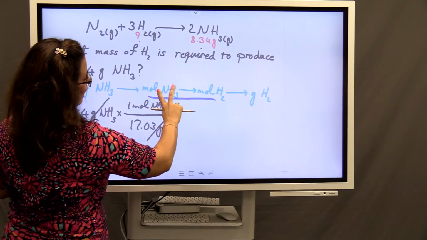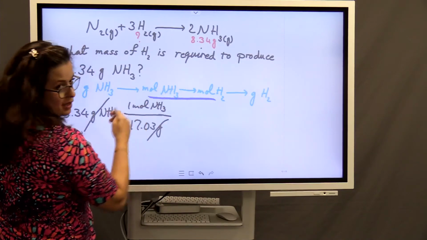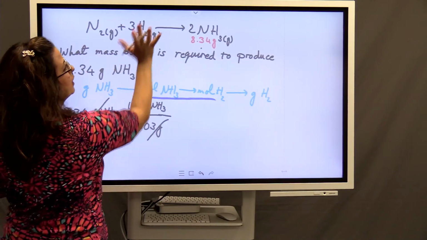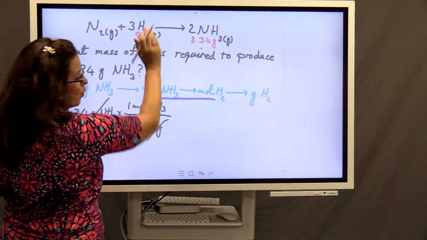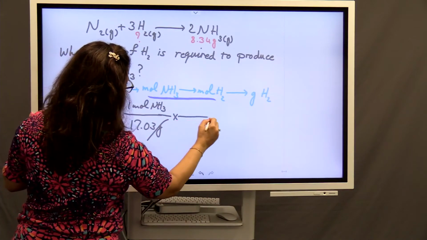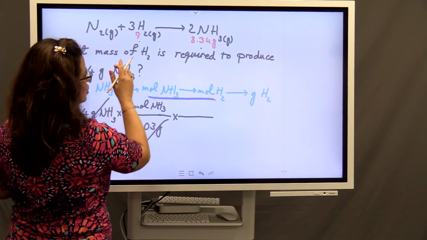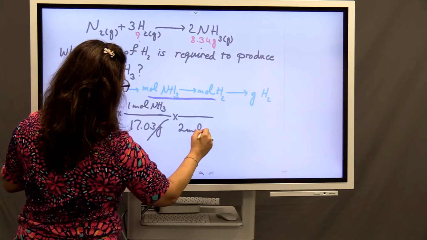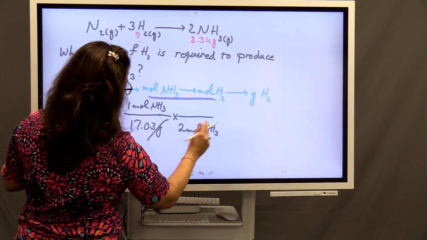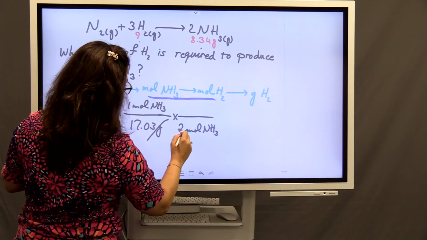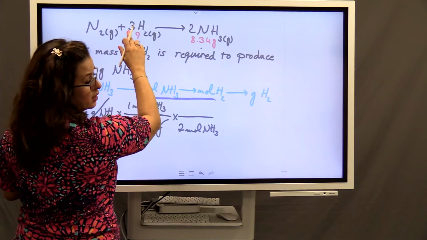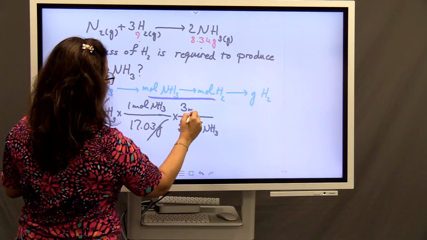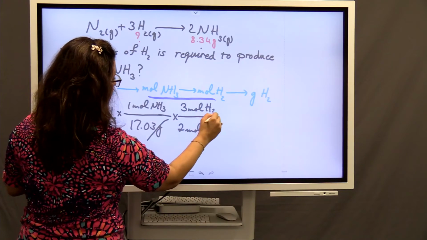Now it's time to relate the moles of NH3 to moles of H2. I told you that's the only time you look at the equation. Tell me, what is the number of moles of NH3? Do you see 2? 2 moles of NH3. And how many moles do you see for hydrogen? Do you see 3? 3 moles of hydrogen.